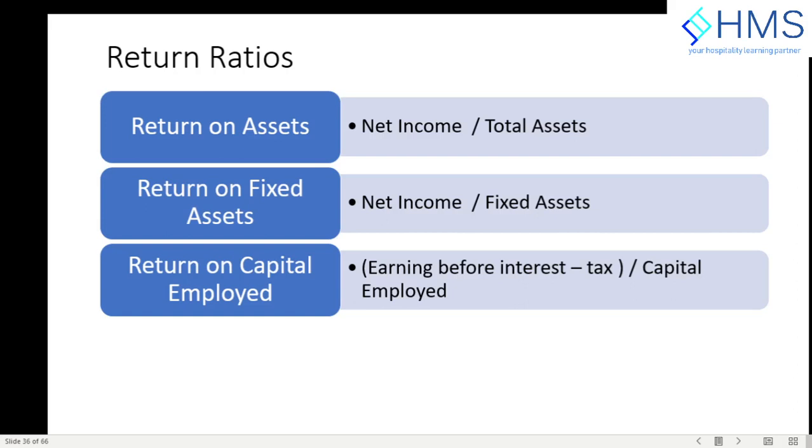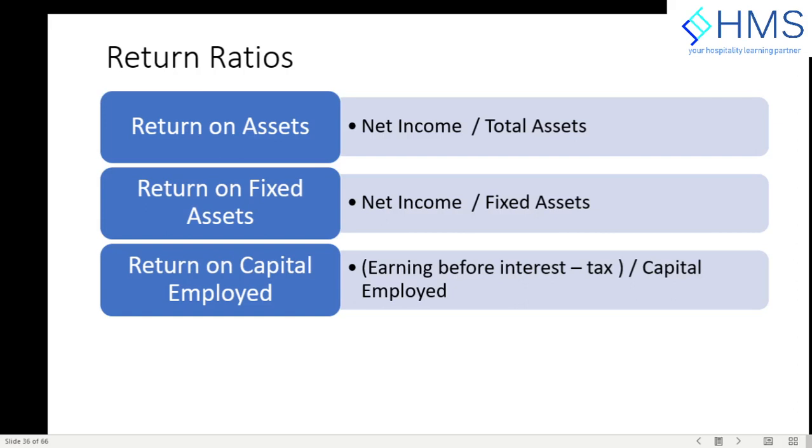So we have to calculate the total earnings together with the interest. But since the tax is not used, in EBITDA you will have earnings before the taxes. So what we need to do is calculate earnings before interest less taxes, and that will be used for calculating the return on capital employed. We will be looking at the real calculations in a bit.